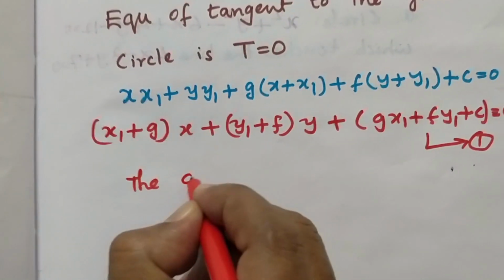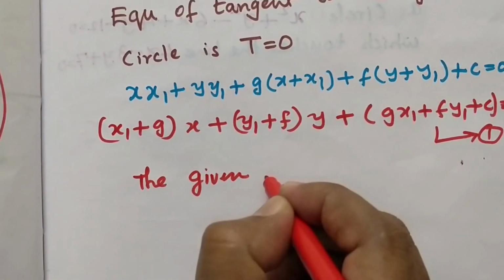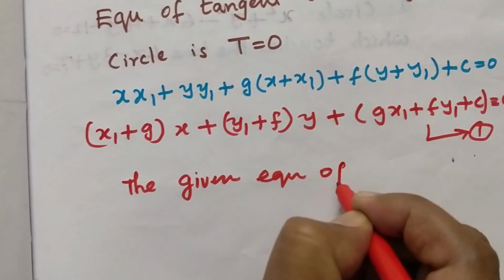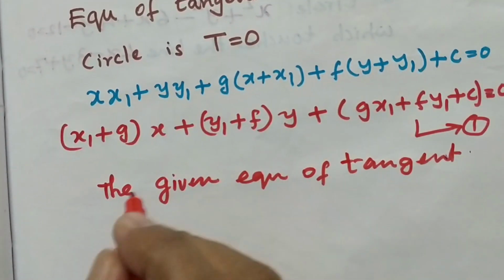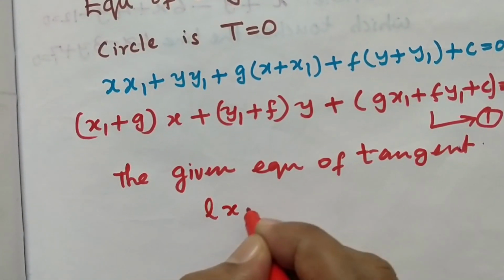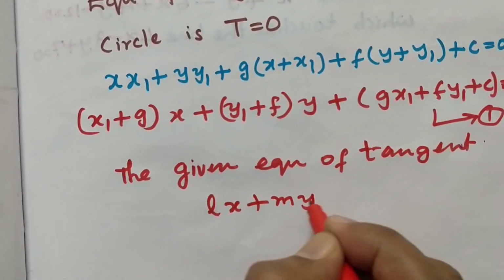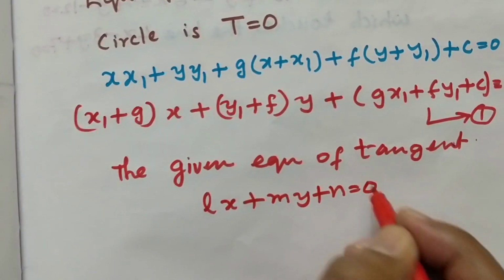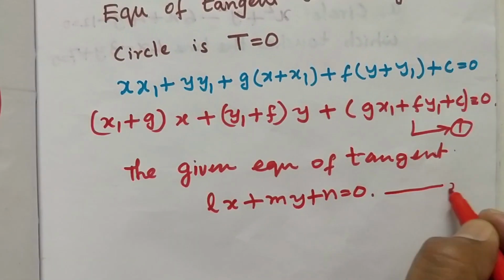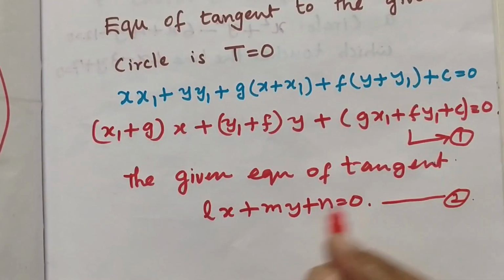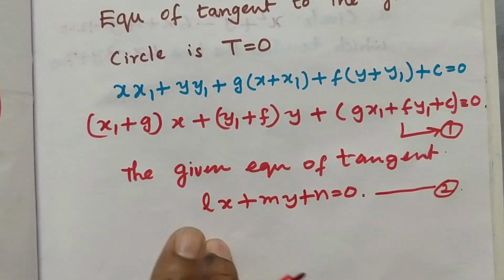And the given equation of tangent line is Lx plus my plus n is equal to 0. These two represent the same line. Then, by comparison, the like terms are in proportion.